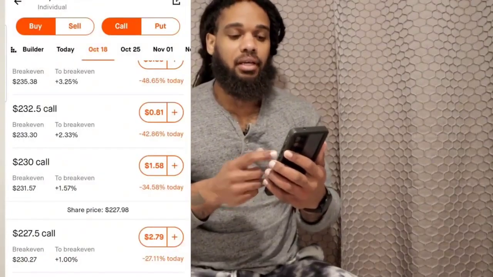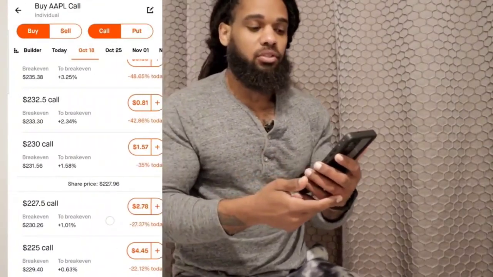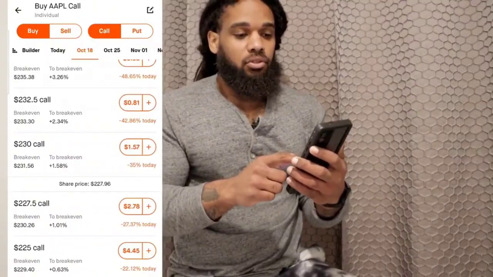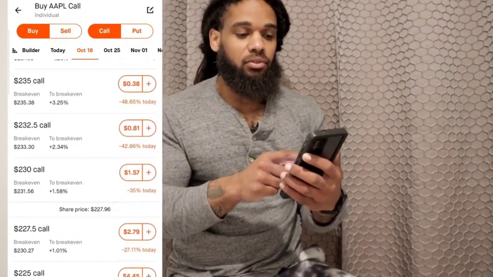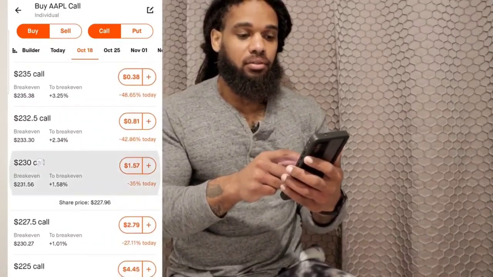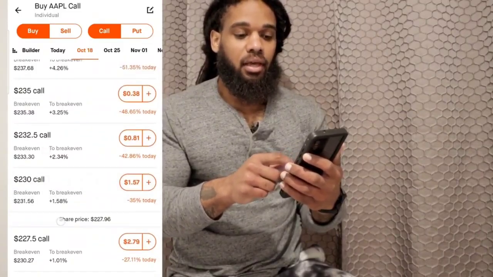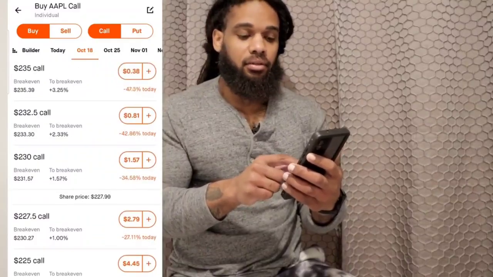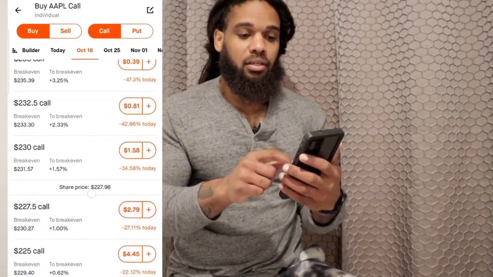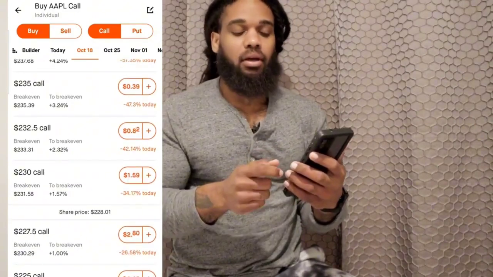Once you click on the expiration date that you want, you're going to see the strike prices on the side over here. You can see the strike price is right here, and you can also see the share price right here. You can also see the cost for each strike price.